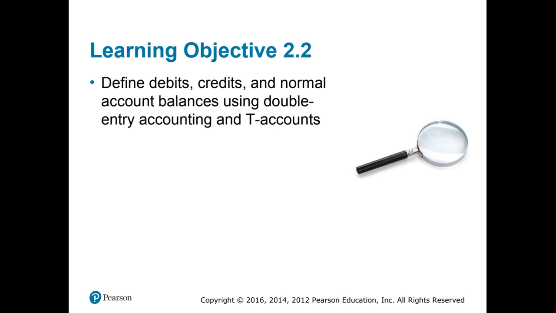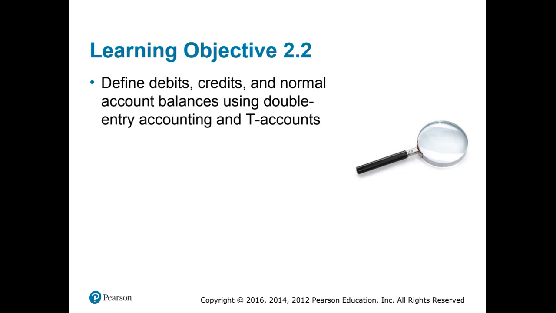So we said cash is an asset. And just to tell you a little trick, maybe, I don't know if this will help or not, but if you think about the equal sign as being 0, when you are increasing an asset, you're moving away from the 0, you're increasing the asset on the left side.